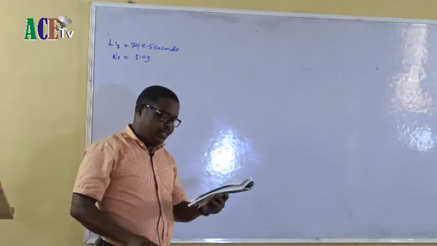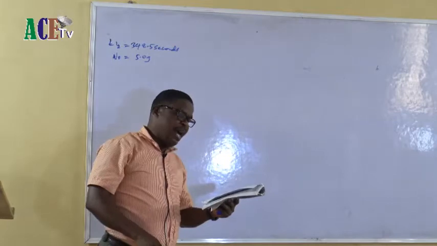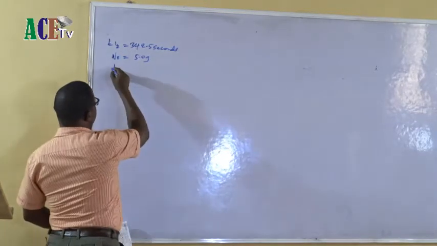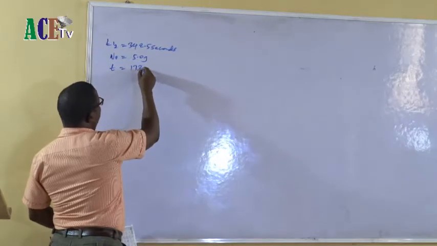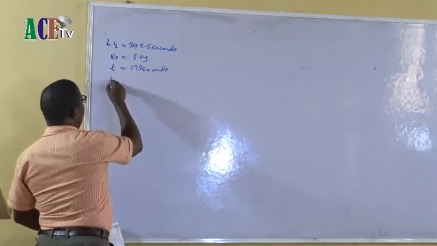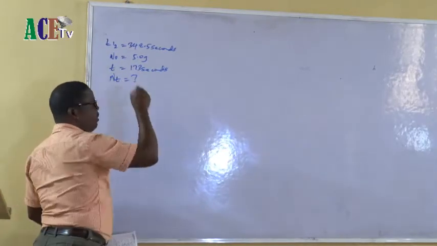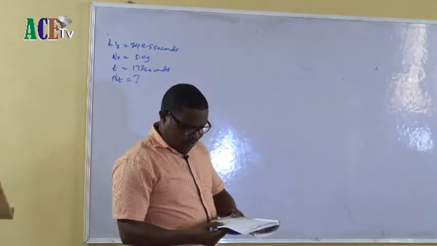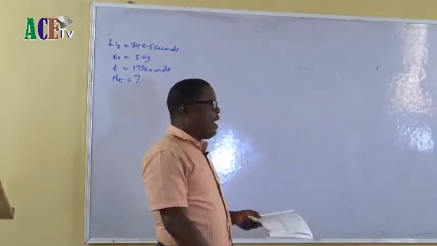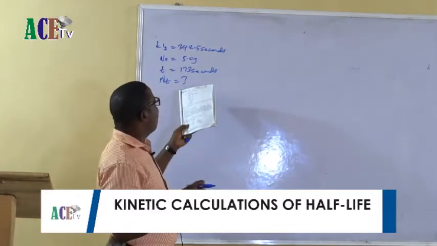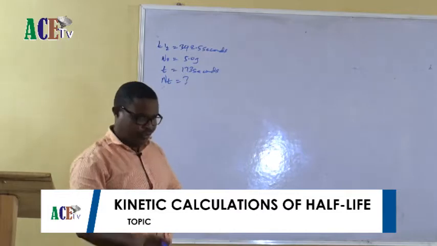Calculate the weight that remains after 173 seconds. That means our T is equal to 173 seconds. And we are looking for Nt, which is unknown.